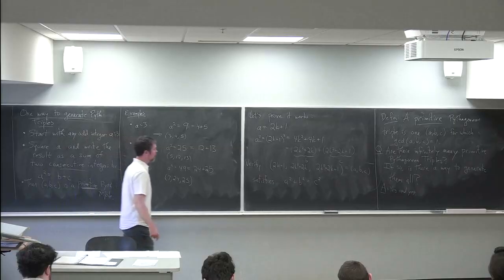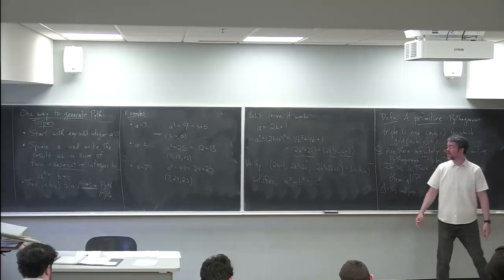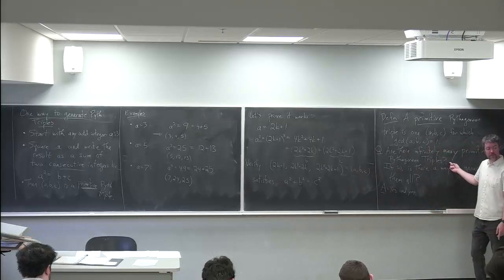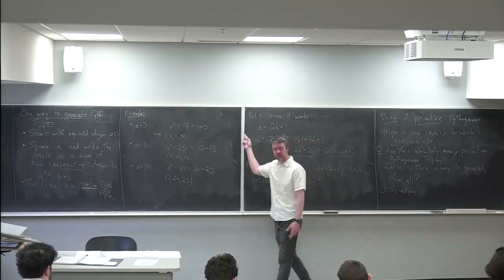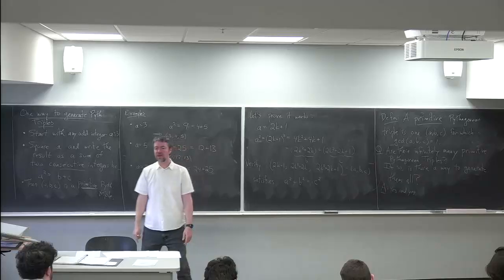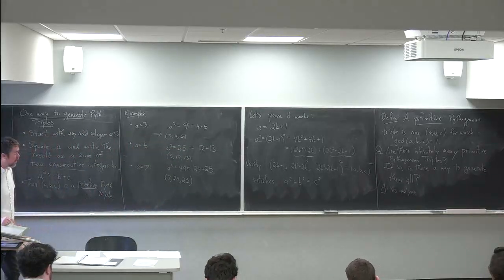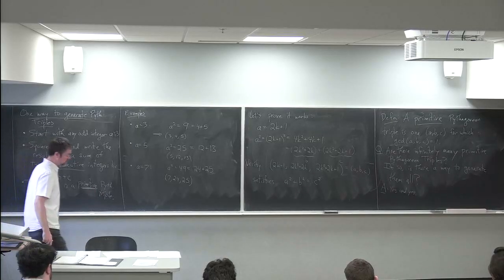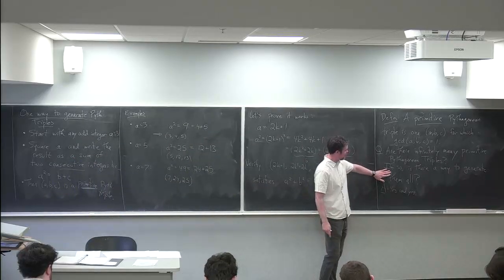And that would actually answer one of our questions, by the way, which is, are there infinitely many primitive Pythagorean triples? Because you could do this for any odd a, so you can generate infinitely many primitive Pythagorean triples this way. You can make one for each odd a you'd like. Okay, so that's true, but the interesting part of the story is that this is not the complete thing.